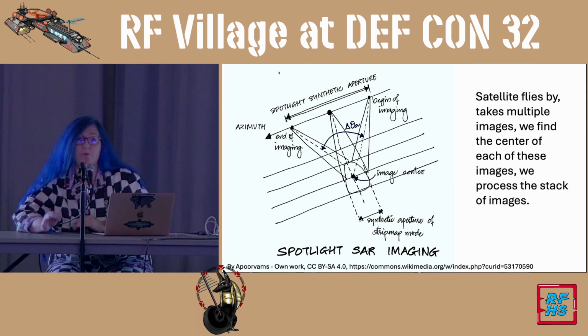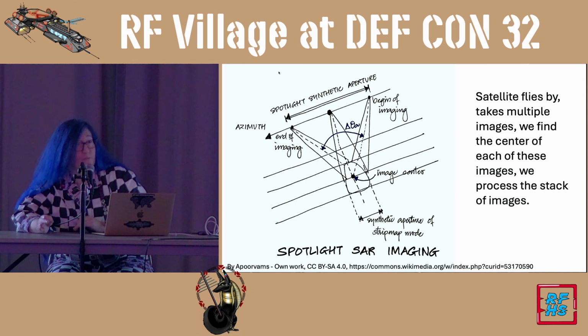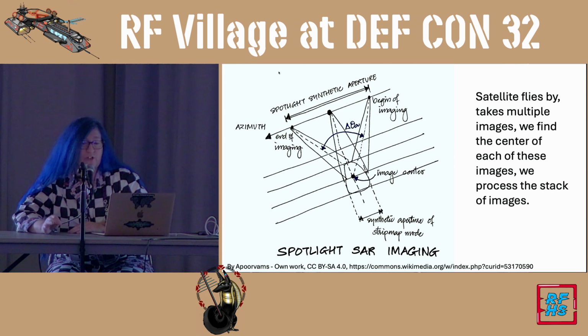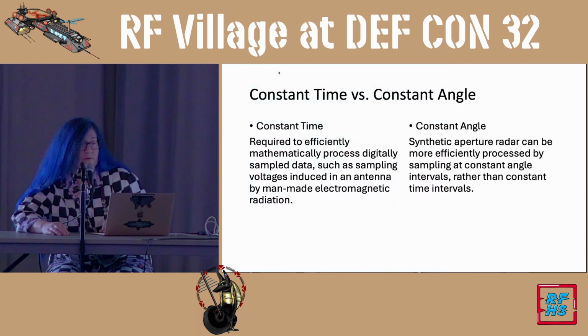It's going to take multiple images aiming at, say, a particular target on the ground. You find the center of each of these images and you process that stack of images. This gives you a very high resolution result. When you do it as shown in the drawing, this is called Spotlight SAR, or Spotlight Synthetic Aperture Radar.